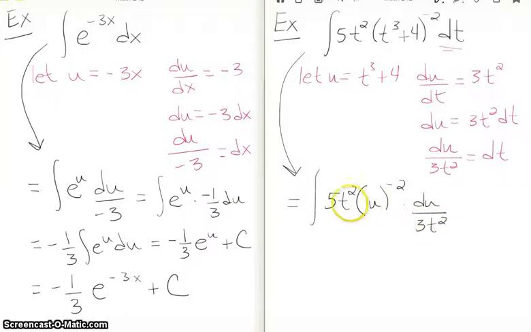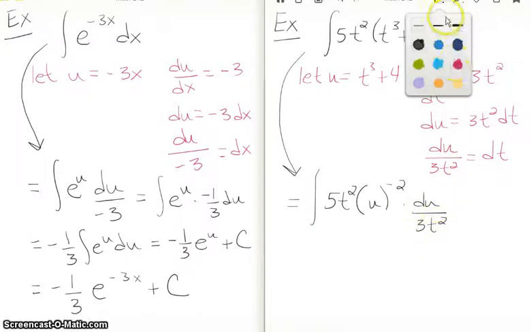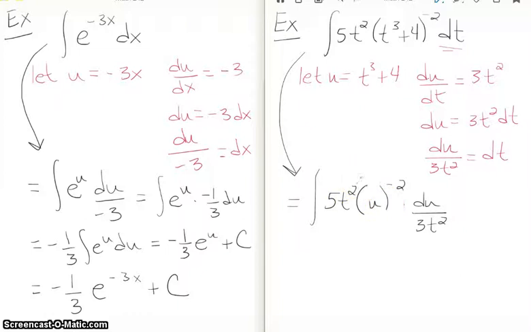And this is what I mean by people usually prefer this. Because if you just solve for dt or dx, whichever one you have at the very beginning of the problem, and just replace it there, usually what ends up happening is some cancellation, because notice here that the t squared and the t squared here cancel, right?